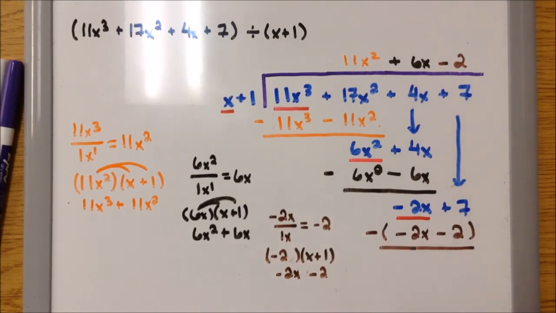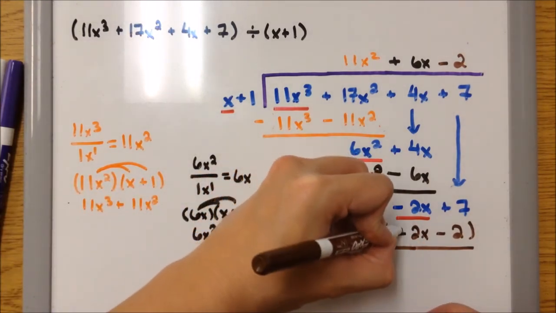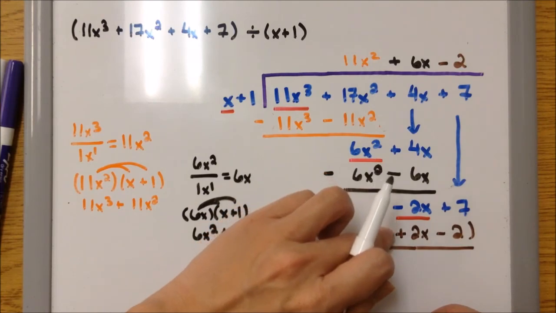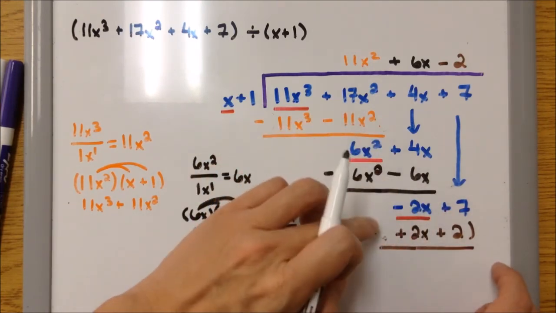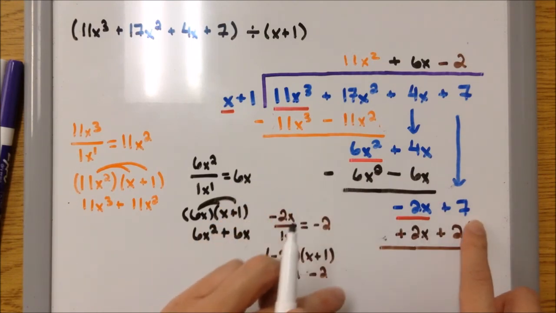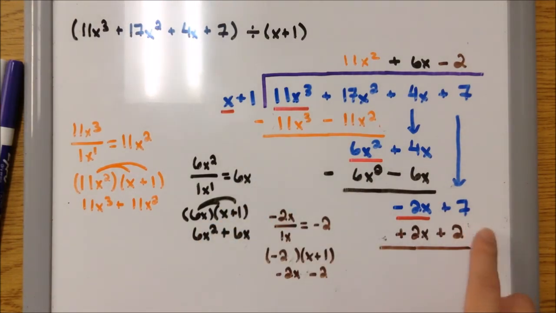Alright, so just like before, if I want to get rid of the parenthesis, I'm going to distribute the minus from the outside to everything in here. If I distribute this minus to this, it will become a plus. And if I distribute this minus to that, it will become a plus. So I'm going to get rid of this minus and get rid of that parenthesis.